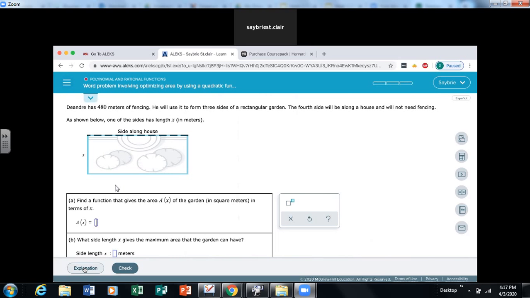I know that area is xy. I know that if I take that equation and solve for y, I'm looking at y equals negative 2x plus 480.